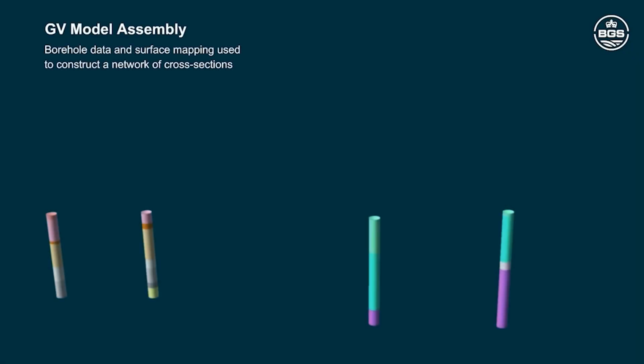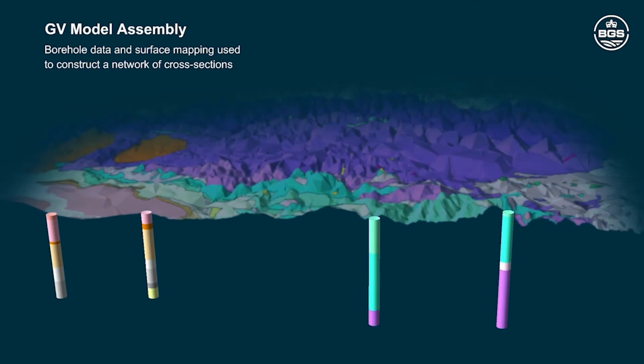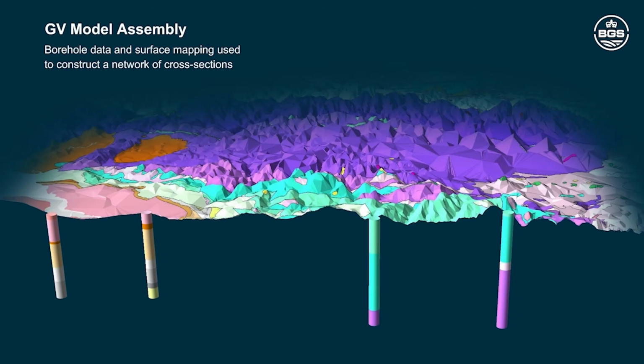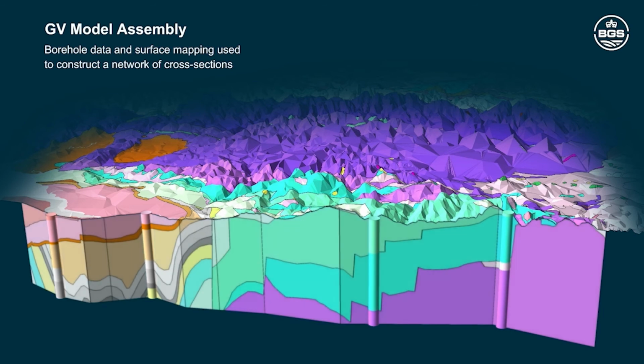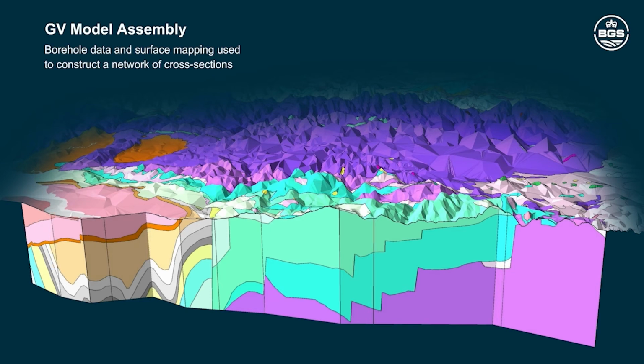Borehole records and surface mapping are used to form a geological interpretation in constructing cross-sections. Geological cross-sections are one of the key components used in the construction of full 3-dimensional geological models, and geologists have been producing cross-sections in this country for over a century to better understand the subsurface. 3D geological modelling deals with internal volumes rather than just surfaces, making it one of the true forms of 3-dimensional mapping.